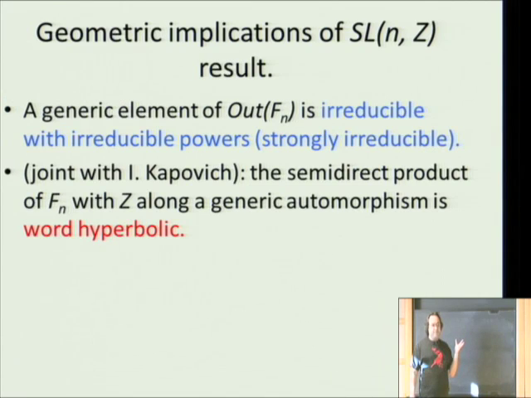So you can ask similar questions, and the analog of pseudo-Anosov is what used to be known as irreducible with irreducible powers, and because people are lazy, they called it IWIP, which is a horribly ugly word, and therefore saner minds insisted on calling it strongly irreducible.